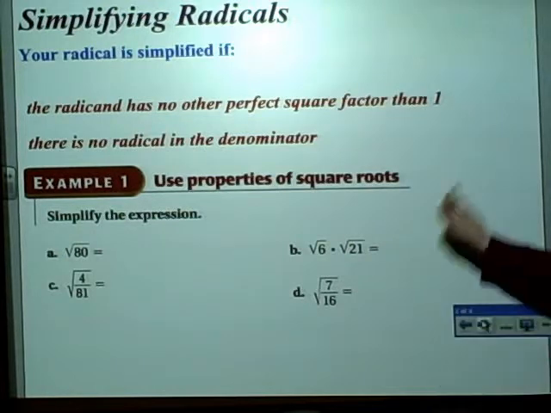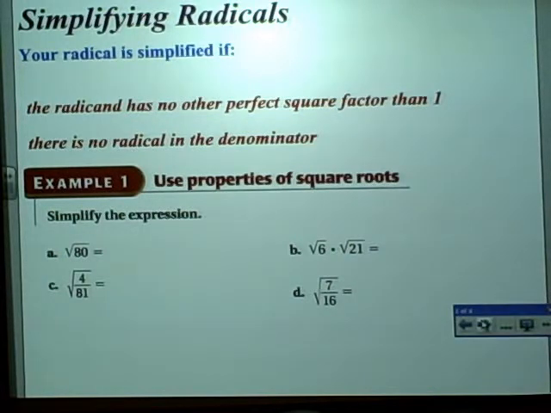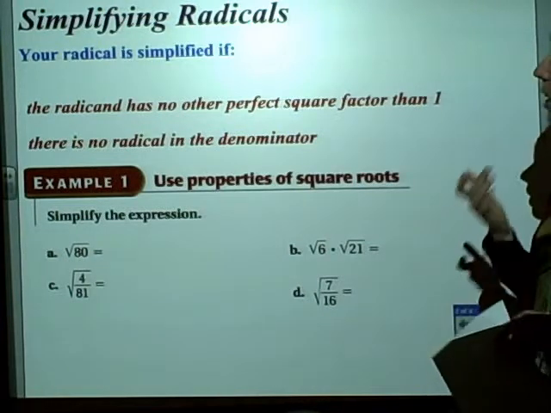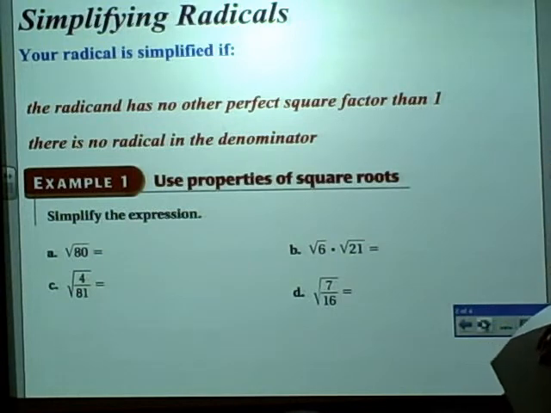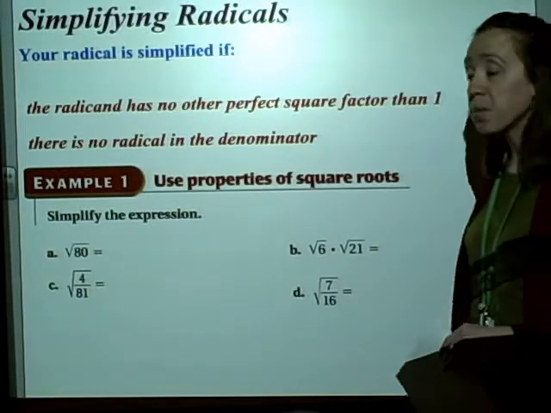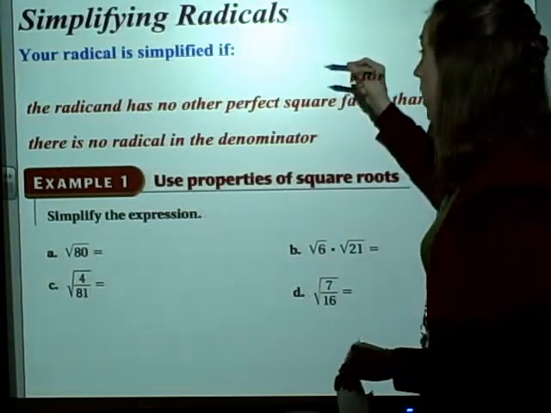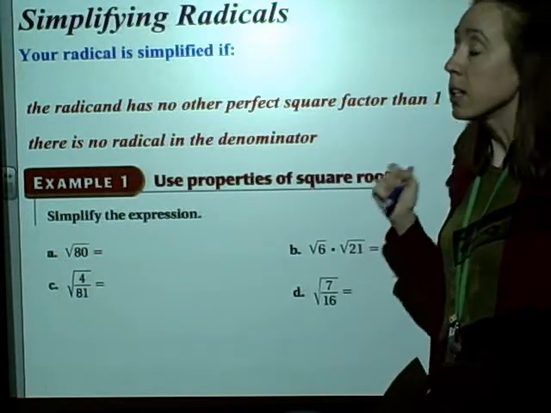Alright, so to simplify radicals, and this is something we've talked about in class, your radical is simplified if the radicand has no other perfect square factor than 1, and there's no radical in the denominator. Really helpful thing here, guys, is to write your perfect squares out. It really helps.